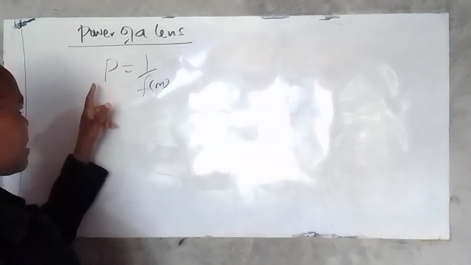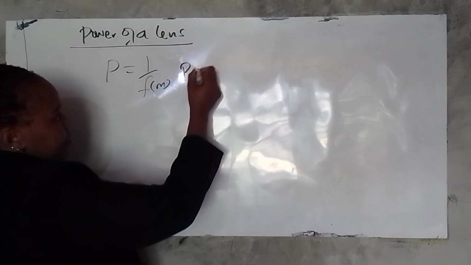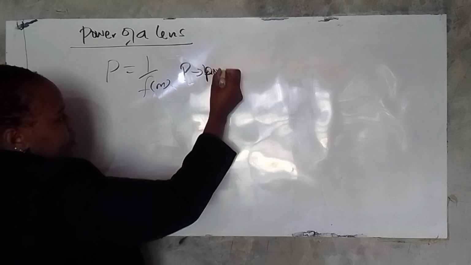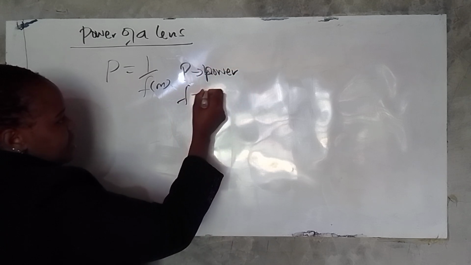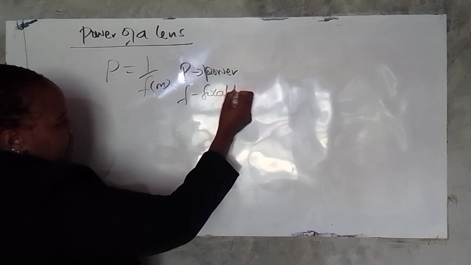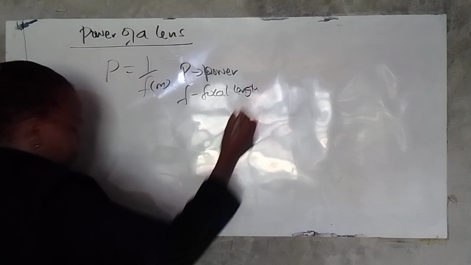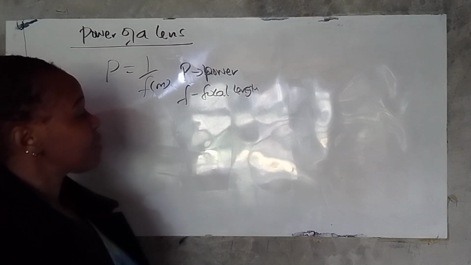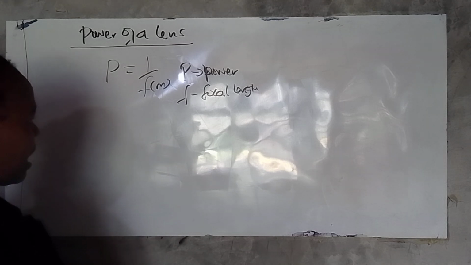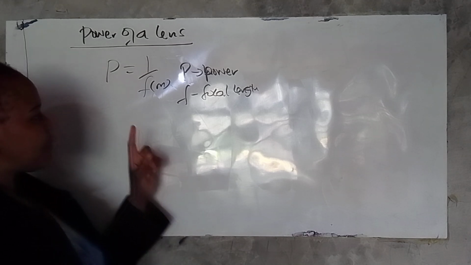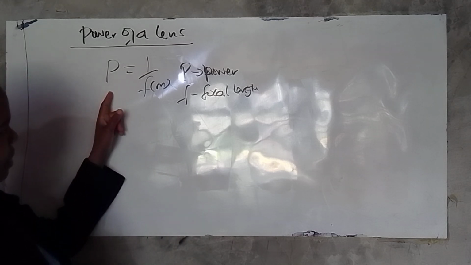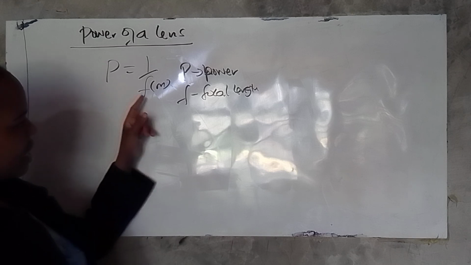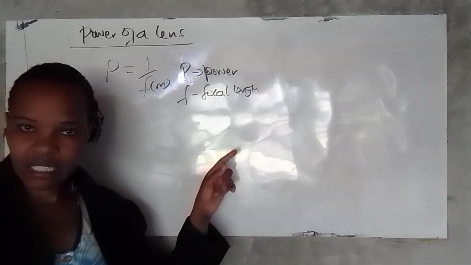So the power P is one over f, where f is the focal length, of course in meters. Therefore P and f are inversely proportional.